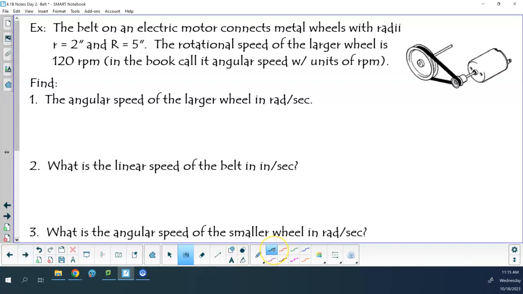Well, it's rotating at 120 revolutions per minute. One revolution is 2 pi radians, and 1 minute is 60 seconds.